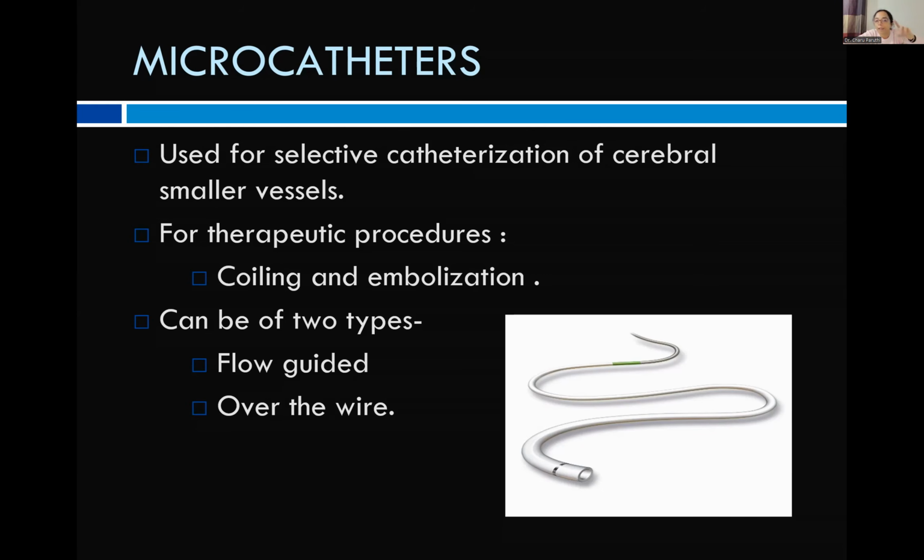But then they are very, very fragile and care has to be taken to use them so that the tip is not destroyed. Flow-guided microcatheters are used for AVM embolizations intracranially. Because of the AVM, the vascular flow in the AVM is very high. So these flow-guided catheters anyways are going to go in the parent or the feeding vessel only, and they'll usually not go in the other vessels.